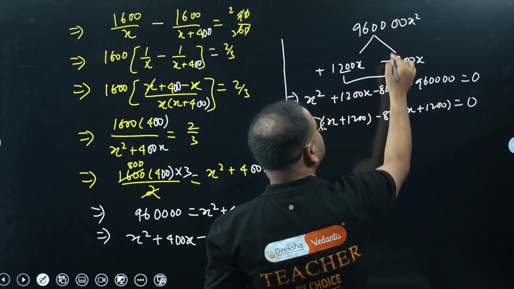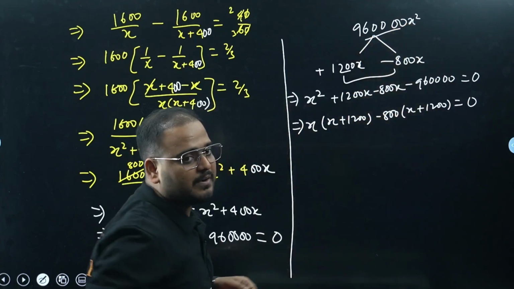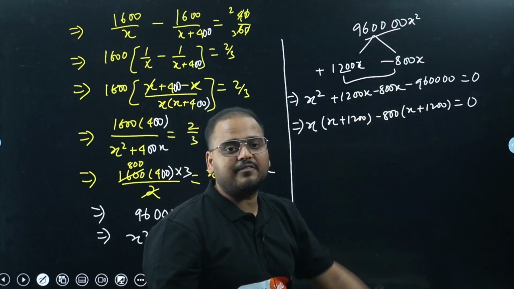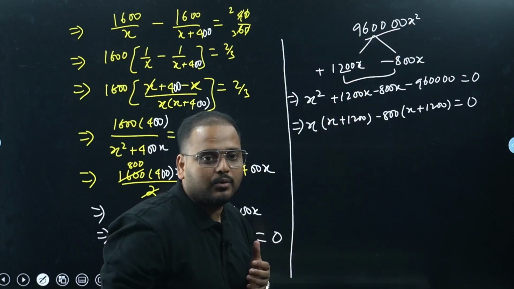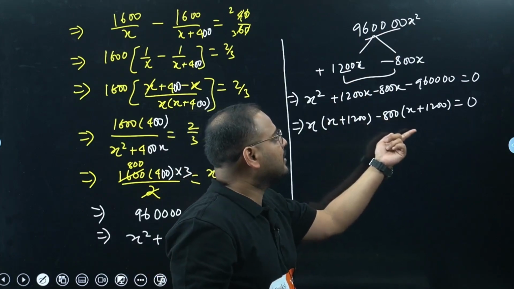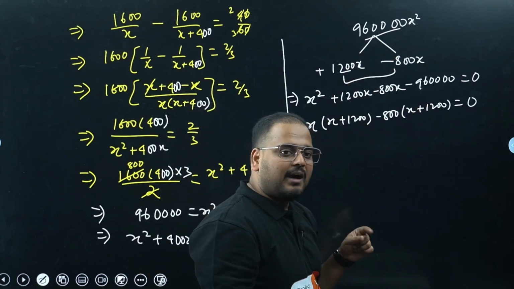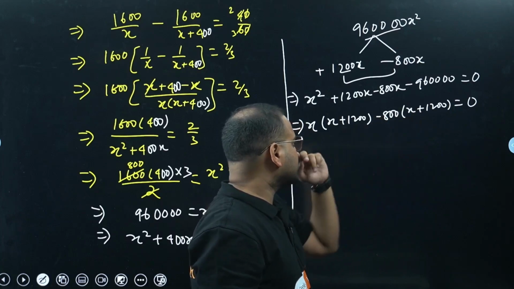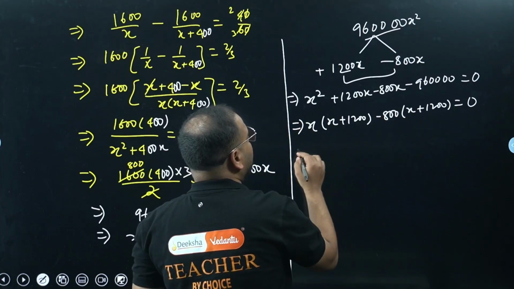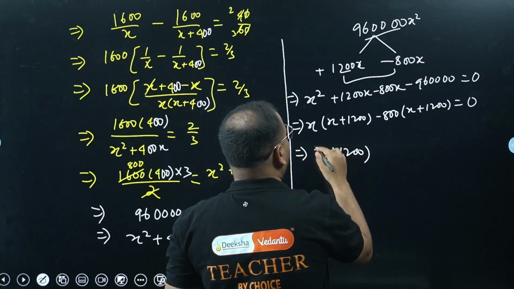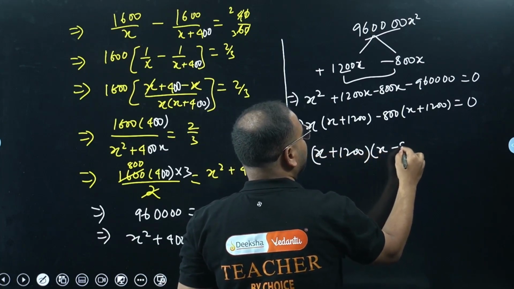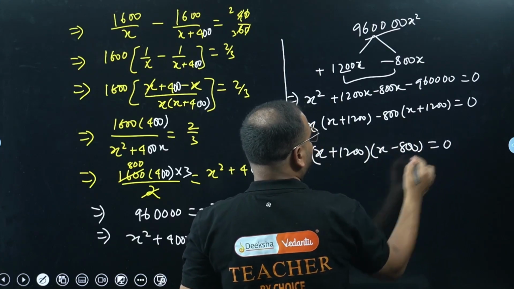Because their multiplication is this number only. If I take 800 common, what is left? 1200, since their multiplication is 960000. I have taken the minus sign common, so this becomes plus. What is common now? x plus 1200 is common. Here x is left, here 800 is left, equal to 0.